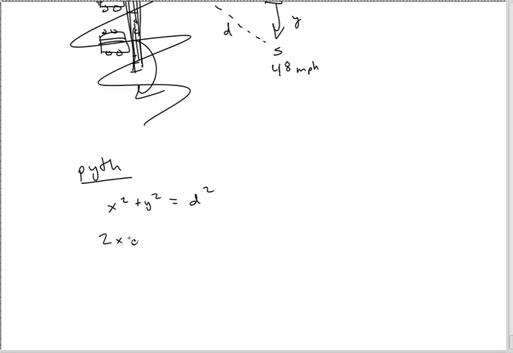So 2x dx/dt plus 2y dy/dt is equal to 2d dd/dt. It happens. That's just calculus for you. No, it's dd/dt. I'm sorry. There we go. Weird, but that'll work.